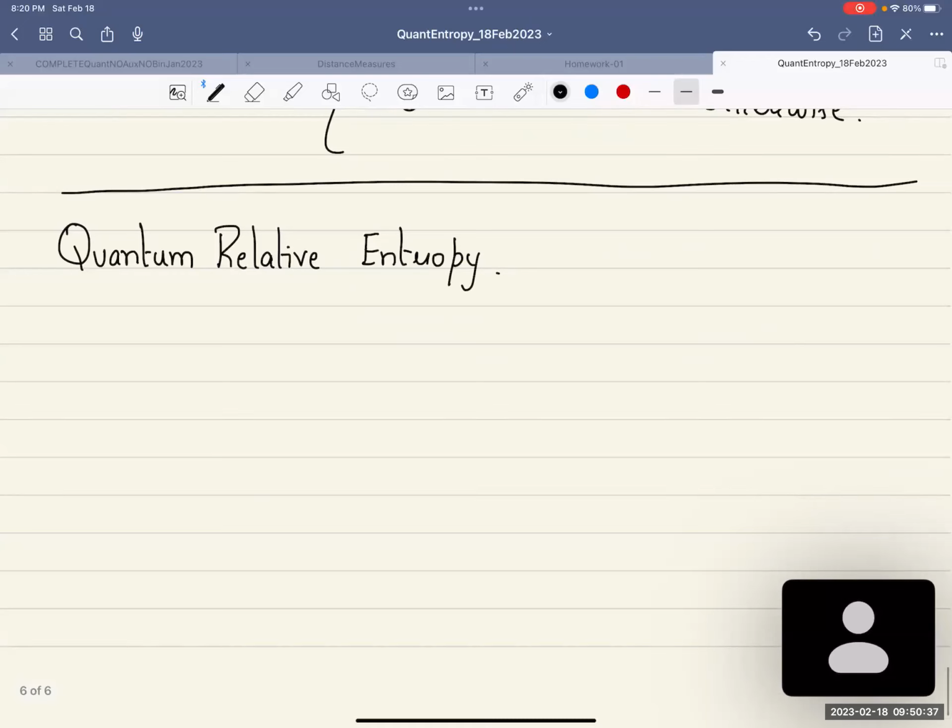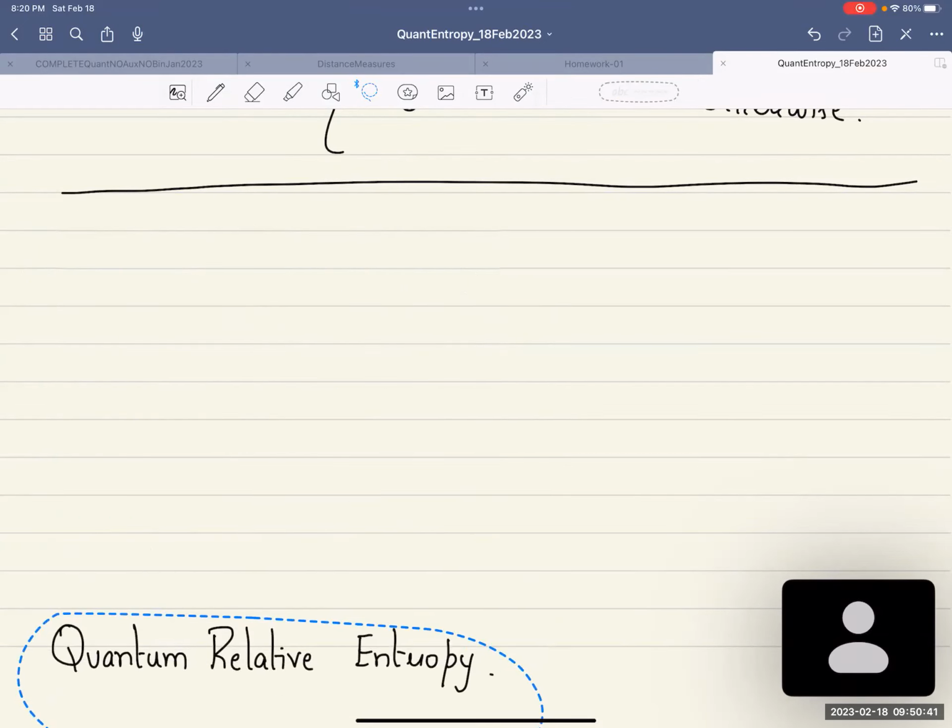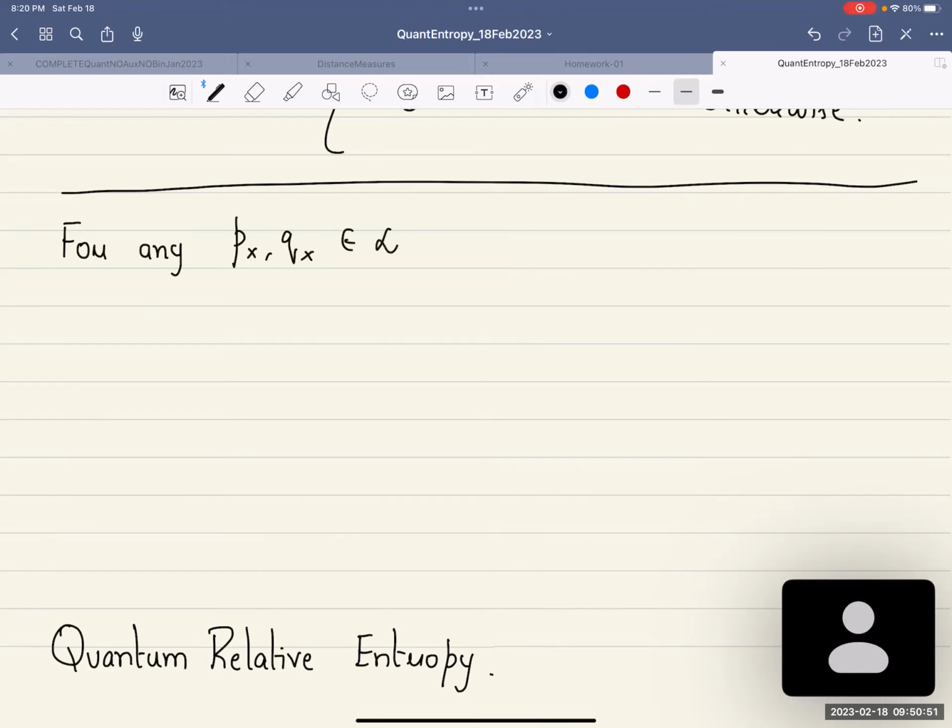Before I go to the quantum relative entropy, I'll prove one property. I don't know whether you've done it in the homework. For any distributions px and qx on x, the divergence between px and qx is always non-negative. Have you shown this in the homework? No. It's very simple.